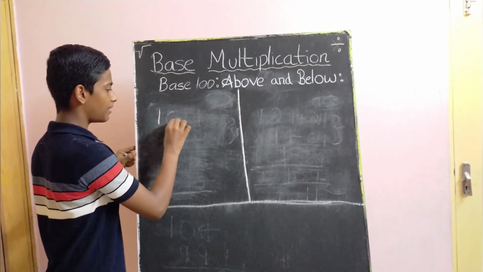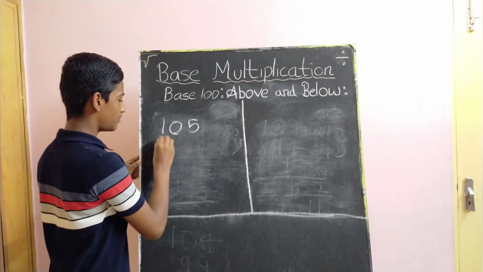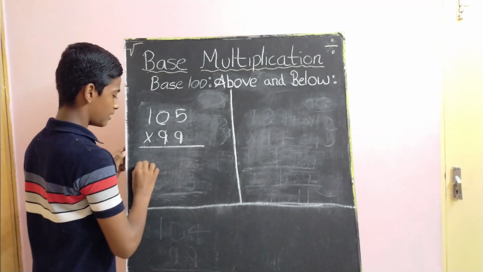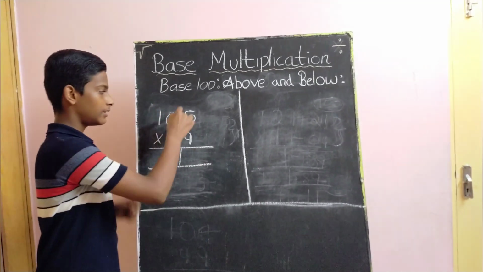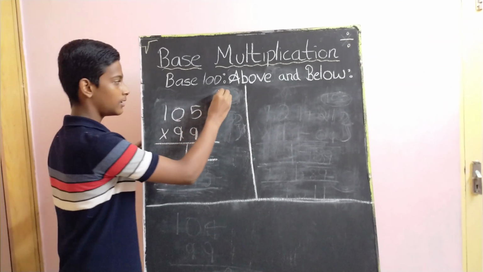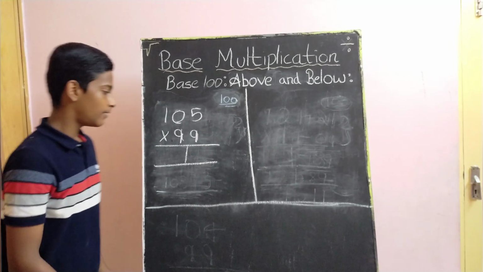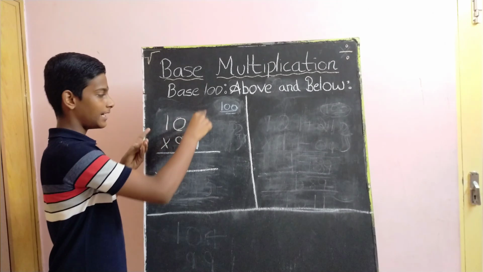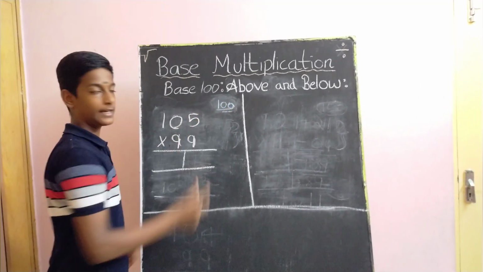Let our first example of this video be 105 into 99. As we do usually, we must first identify the common nearest base number for both the numbers. In this case, it's 100, and in the second step, we must identify the difference between 105 and 100, and 99 and 100.